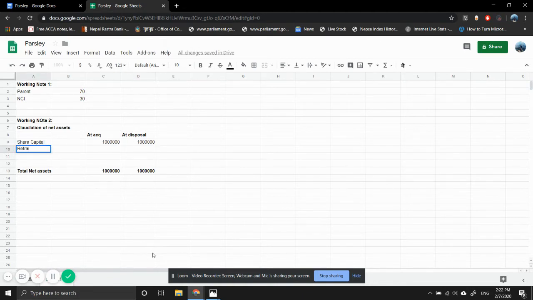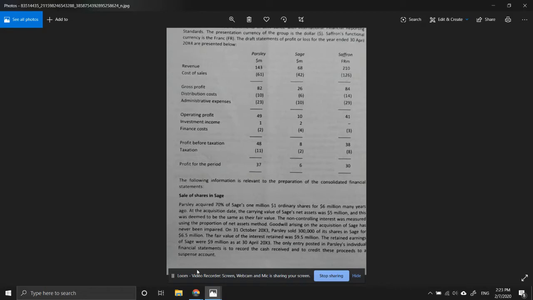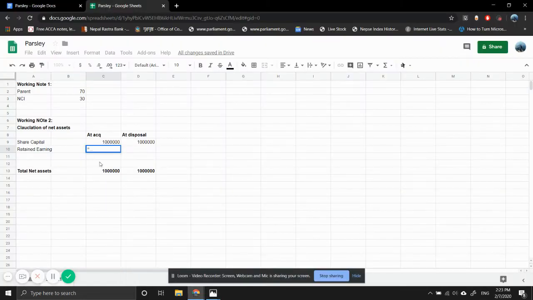And then retained earnings. Net assets at acquisition was 5 million. Let's make everything in million so it'll be easier. Since this was 5 million and share capital was 1 million, that means 5 minus 1, so retained earnings should be 4 million, right?